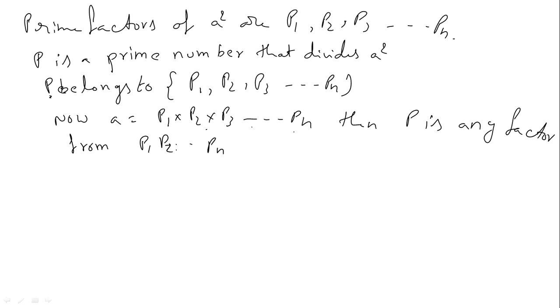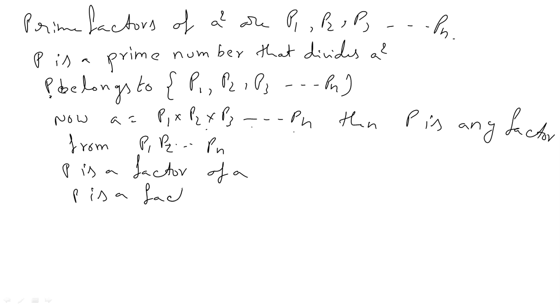So, P is a factor of A, and P is a factor of A square. P divides A and P divides A square.